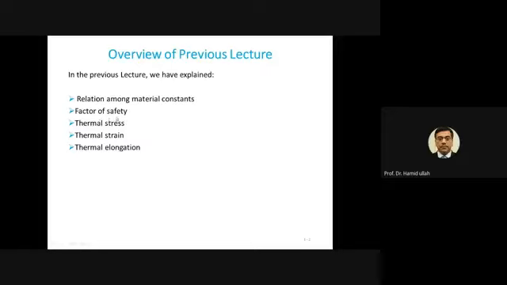You remember we mentioned it is a factor, a numerical value, which will give you the safety, that for a given load and given material you have selected for a machine element, whether that machine element will be safe or not. And in the previous lecture we solved two numericals, and both were related to this topic which we call factor of safety.